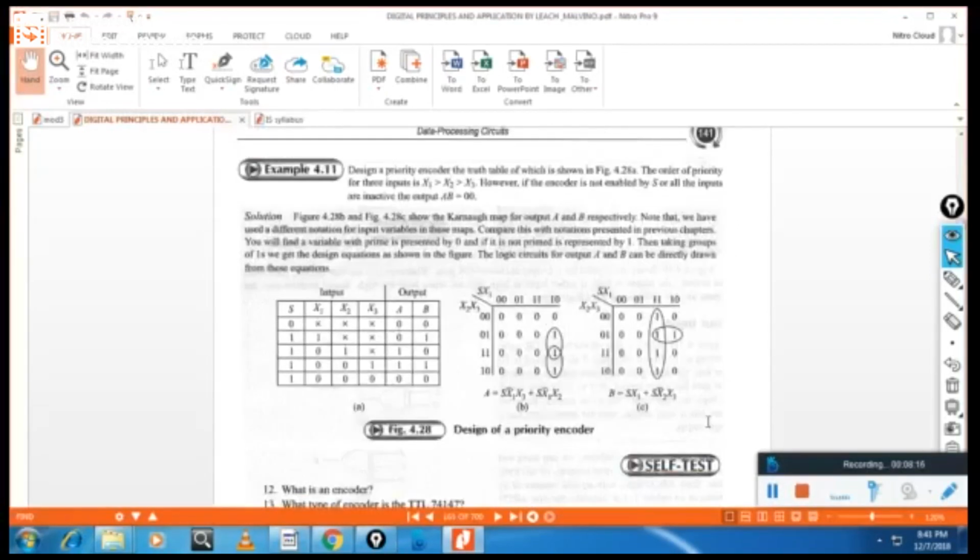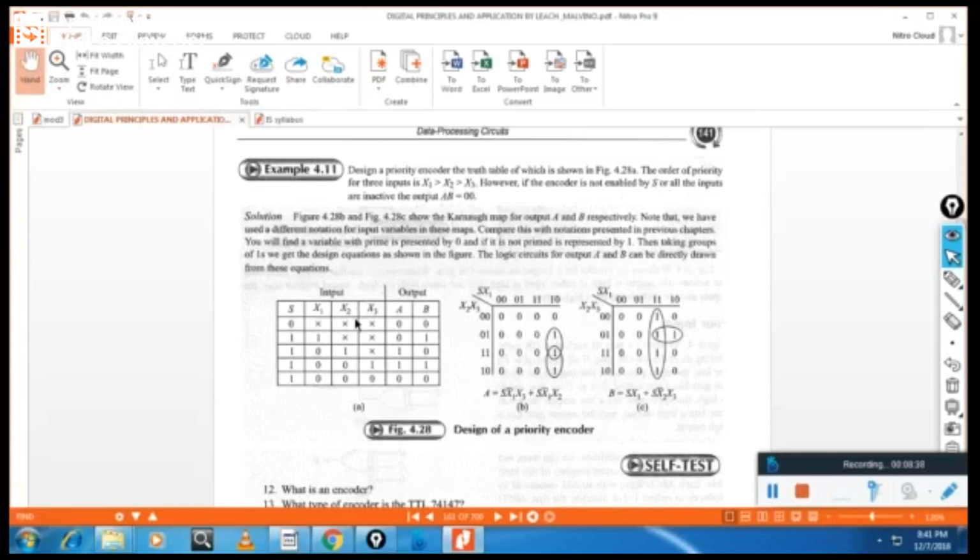So you can see here, design a priority encoder for the truth table which is shown in figure 4.2a. So he says the order of the priority is x1 greater than x2 and greater than x3. However, if the encoder is not enabled by S, or all the inputs are inactive, the output is 0.